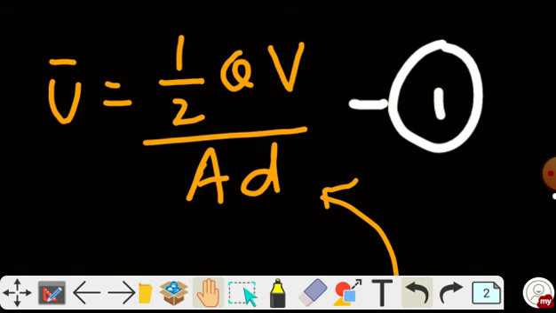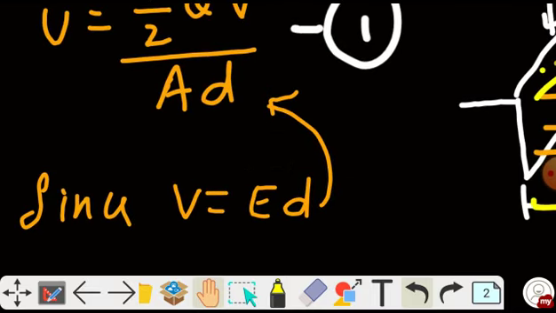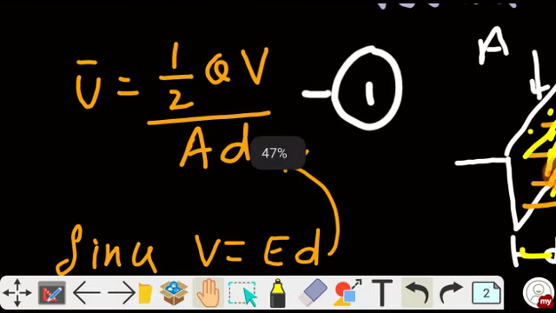Now, our aim is to derive the formula of energy density in terms of epsilon naught and electric field intensity E. That means we have to bring E and epsilon naught into the expression and remove the other terms. We know that V equals E into D, because we have to bring E into the expression, and there is V already in equation 1.